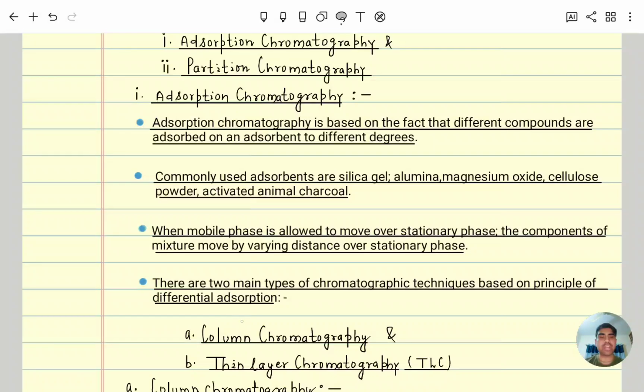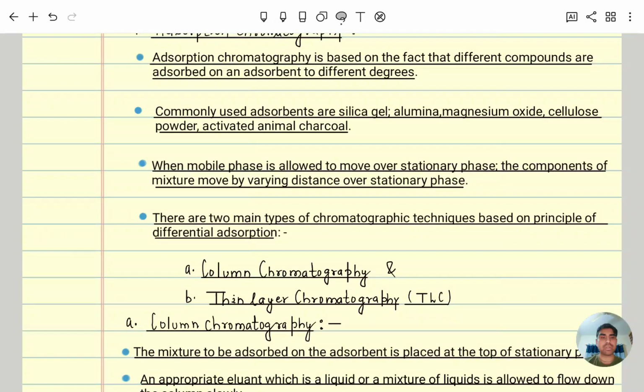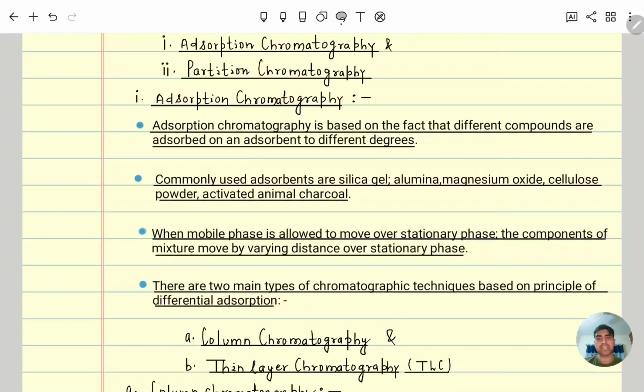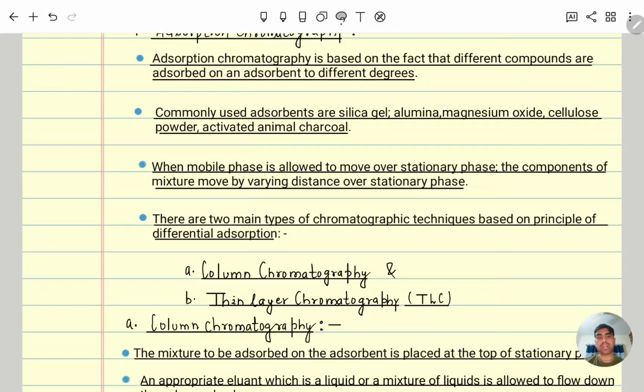There are two main techniques used for differential adsorption.